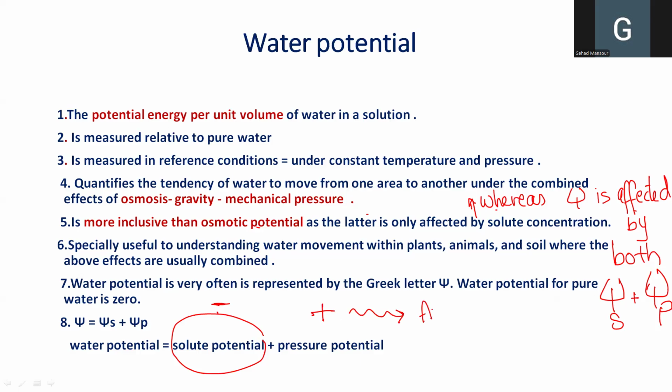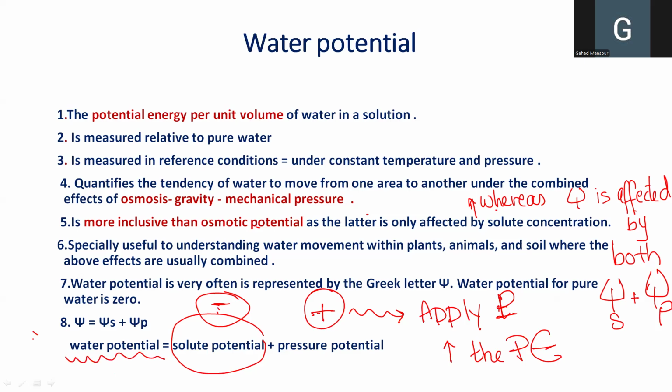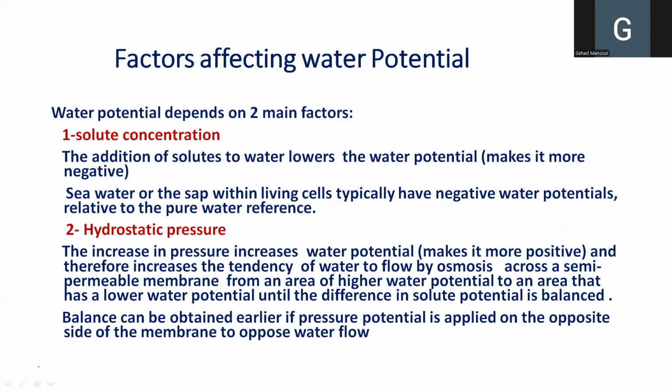That's why it is positive. If they are exactly equal, for example, -5 and +5, then if this is pure water, the equation is correct because the water potential of pure water is 0. Of course, you have to specify.